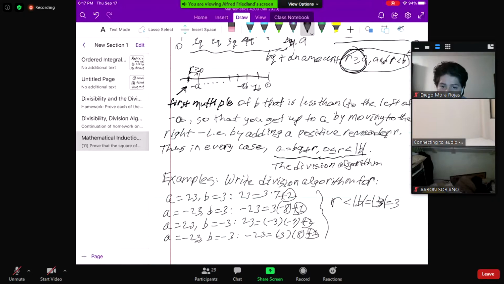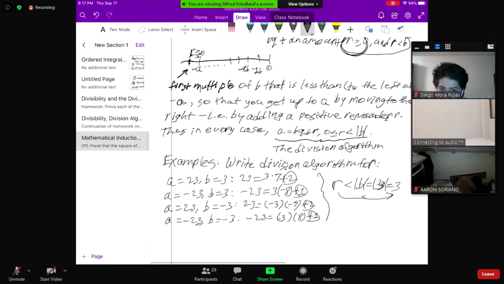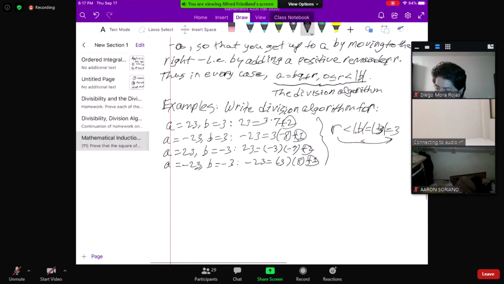So R is less than 3. And look at the R's. They're all less than 3. They're either 1 or 2. They're less than 3. So that's the kind of thing I'm talking about.